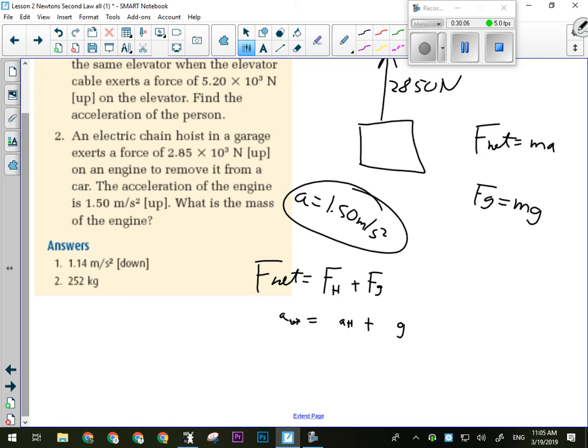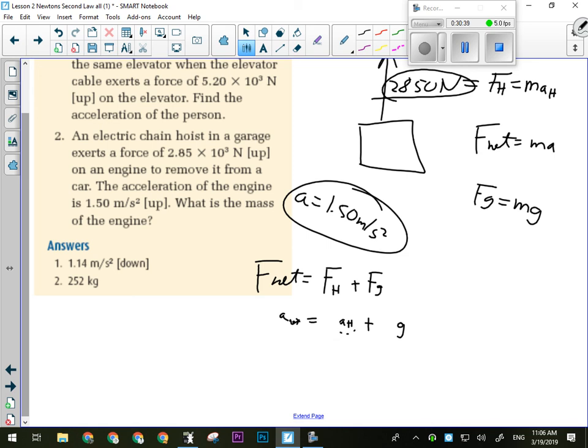How's that going to help me? The force of the hoist is the mass of the engine, which I'm looking for, times the acceleration of the hoist. And now I've got a way to find the acceleration of the hoist.